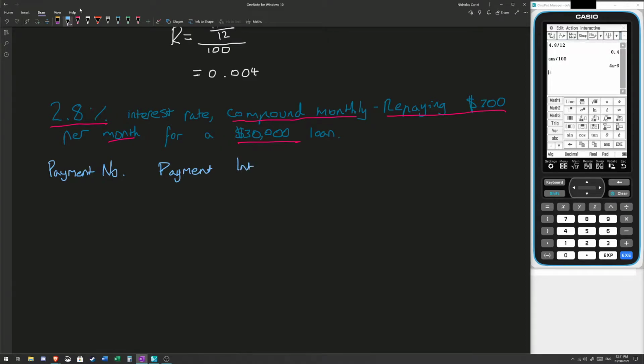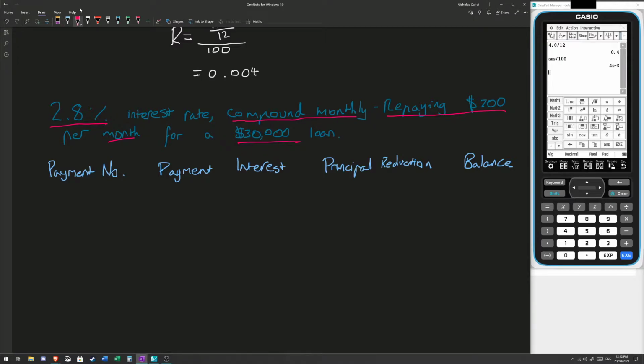Interest, principal reduction. Now, we can say principal change as well. In terms of loan, they mean the same thing, but we'll keep it as reduction for now. And lastly, balance. So these are basically columns of our amortization, okay?